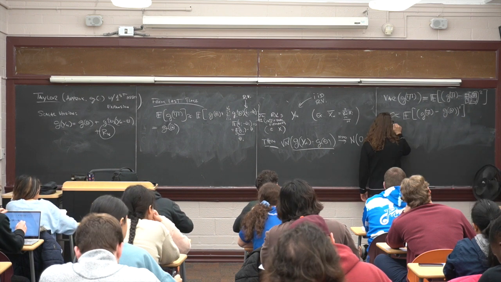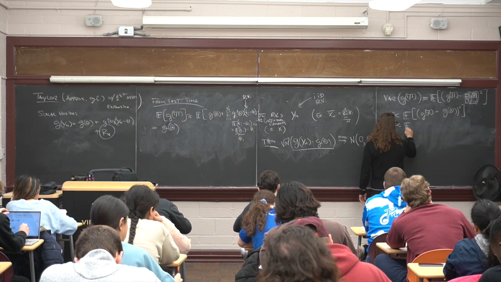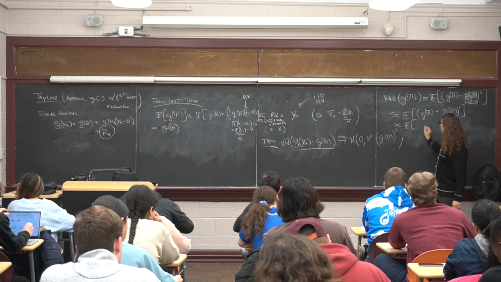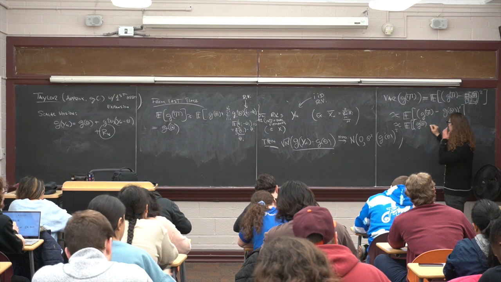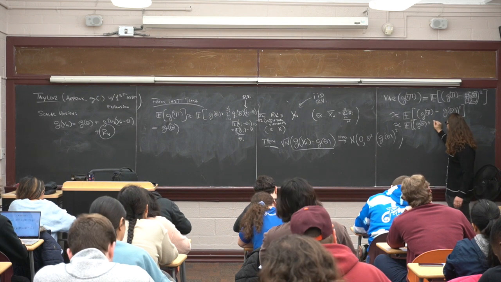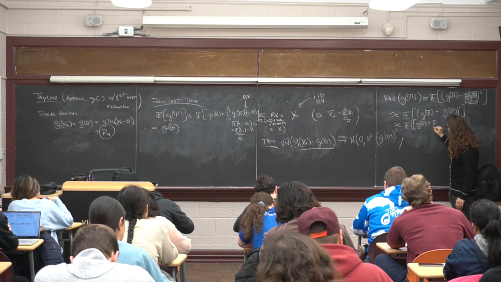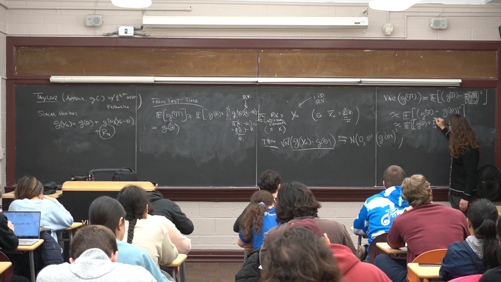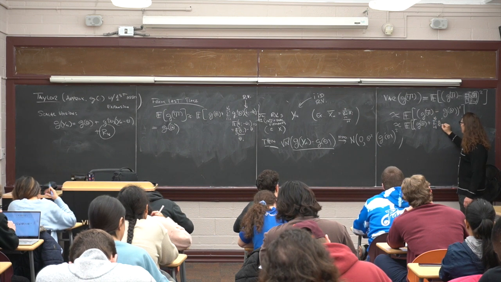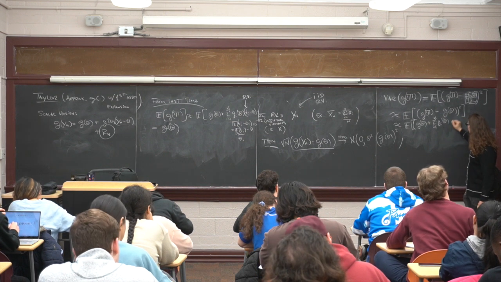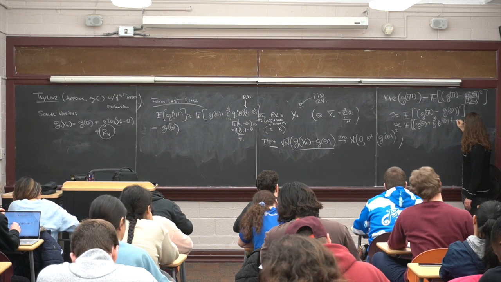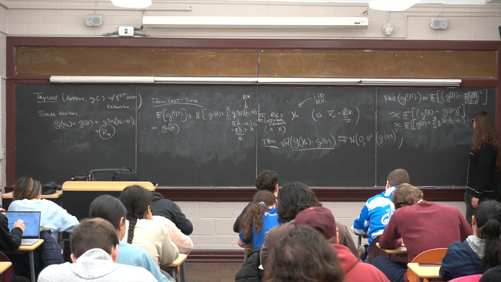So this is approximate again: expectation of G theta plus the sum, I goes from 1 to cap K, of G prime I, these are the I partials, Ti minus theta I, minus G theta.